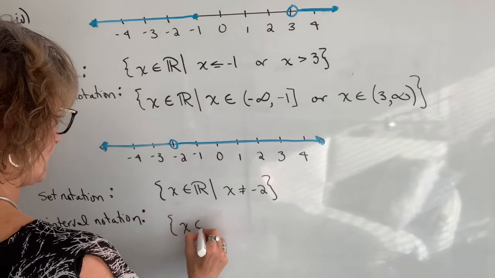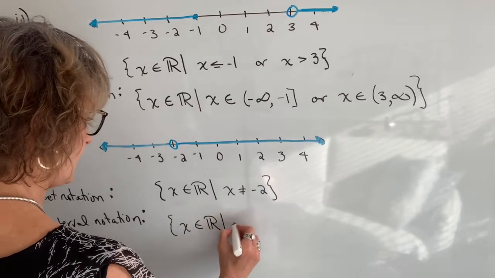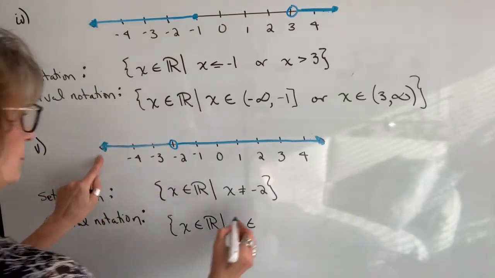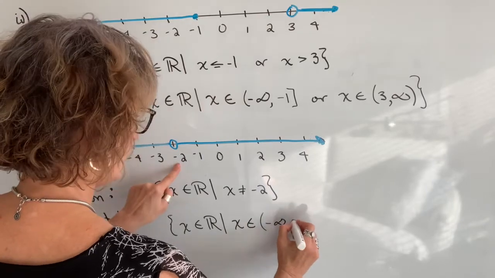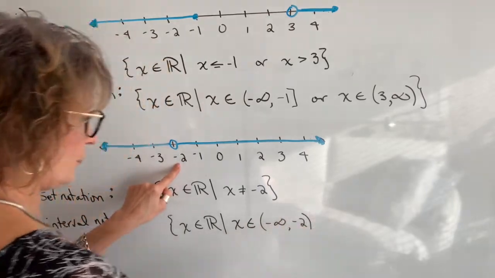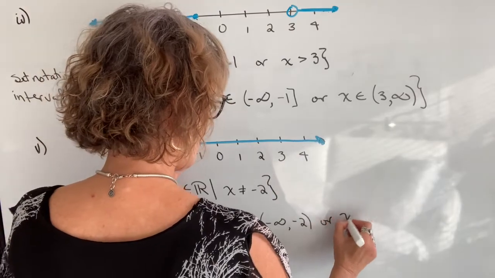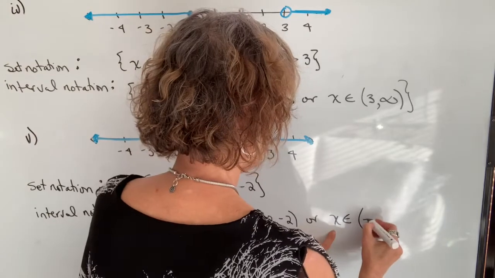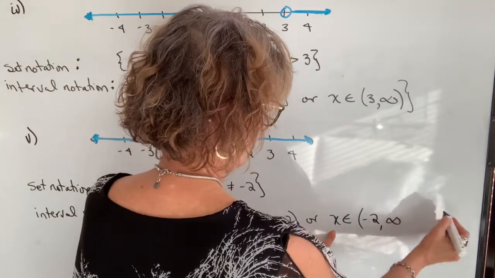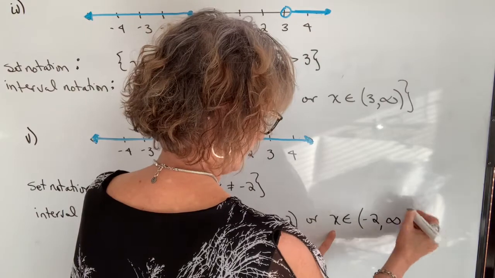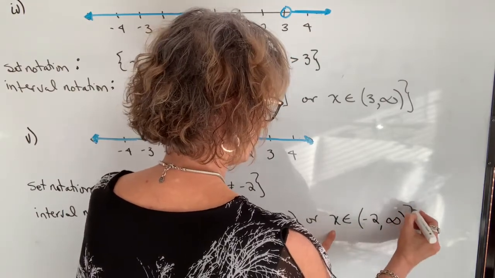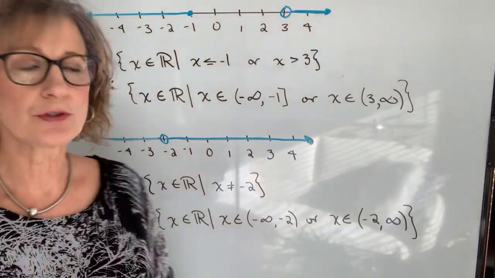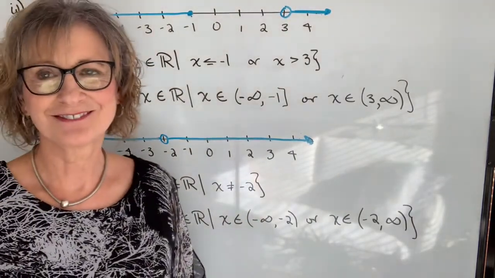So I would say x is an element of a set of real numbers such that x is an element of this interval, which would be from negative infinity to negative 2, and it doesn't include negative 2, so parentheses, or x is an element of the other interval, negative 2, it doesn't include negative 2, to positive infinity, not an endpoint, so again, parentheses, and that's how we would express those two intervals with interval notation.